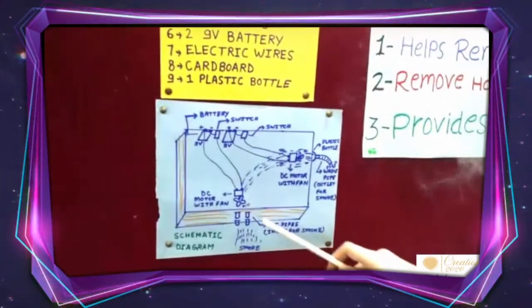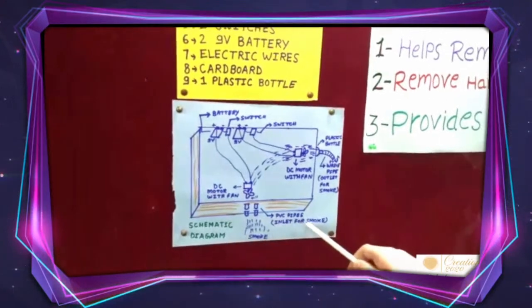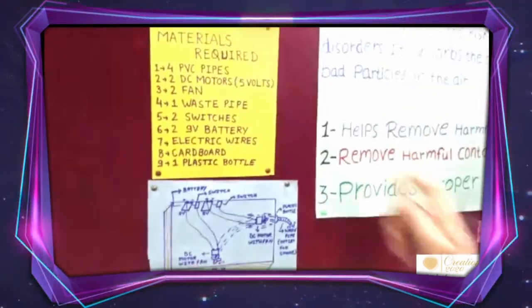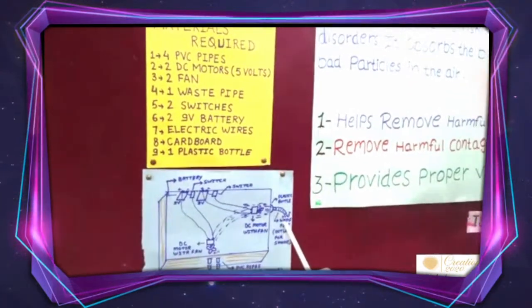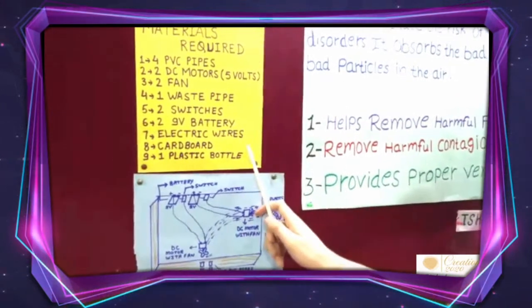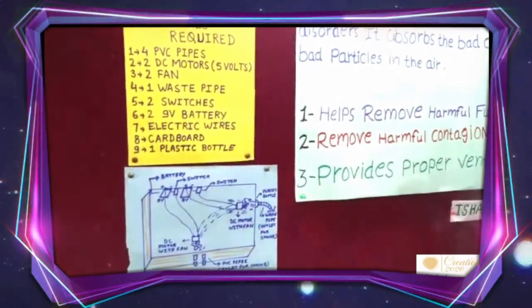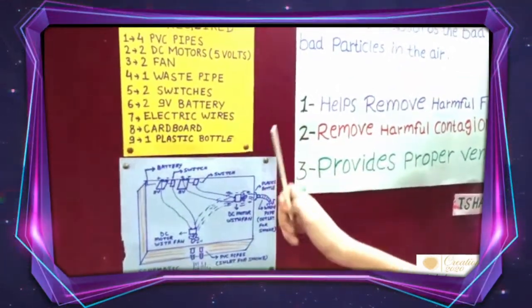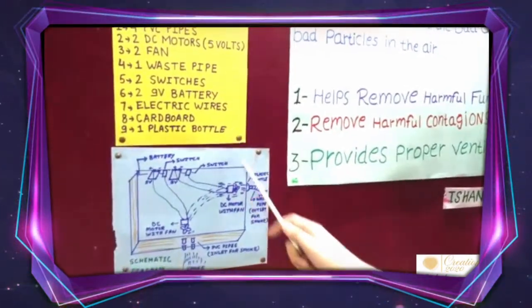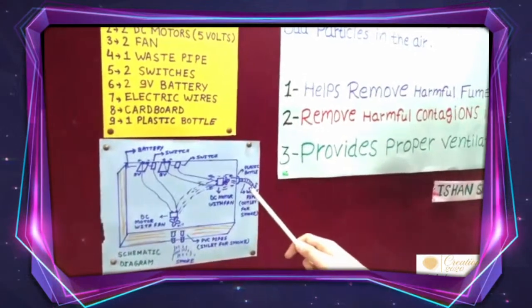One is used as the inlet for smoke and the second one is used as the outlet for smoke. One waste pipe is connected to a plastic bottle. 2 switches, 2 9-volt batteries, electric wire, cardboard, and one plastic bottle which is connected to this waste pipe.